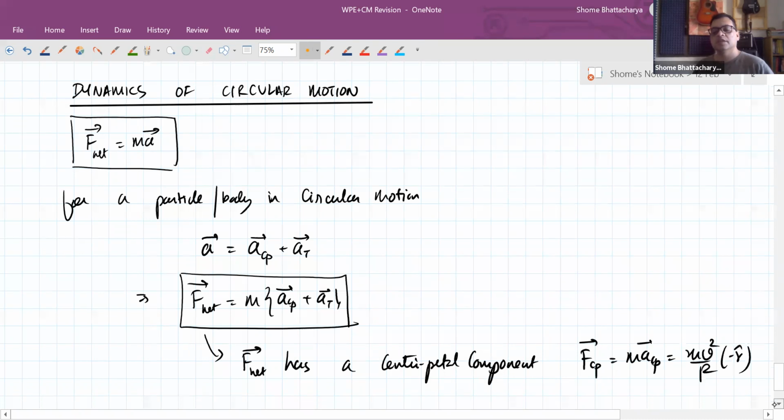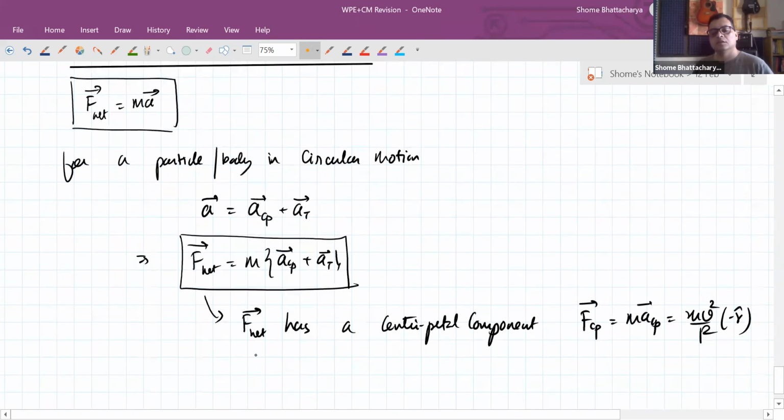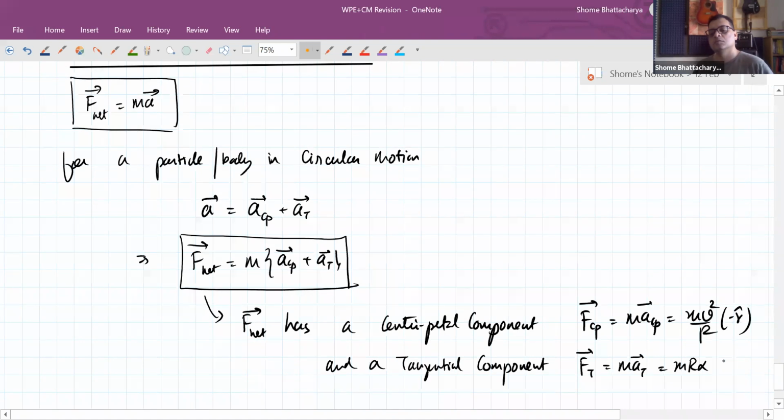That becomes like this, and it has a tangential component. Like this. So this is what we solve in terms of vector algebra after breaking the force into components.